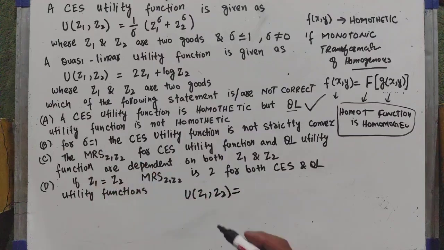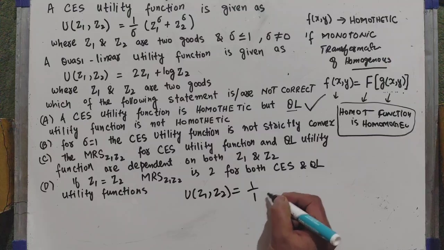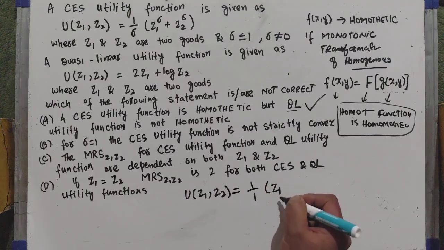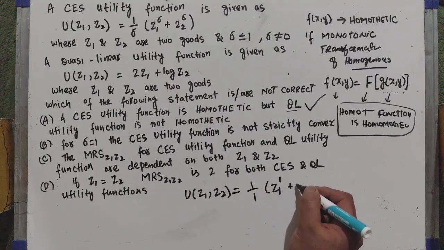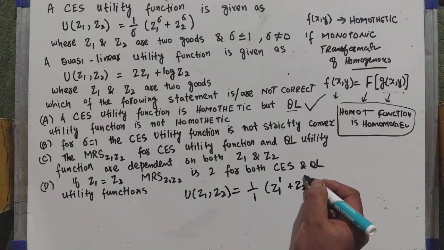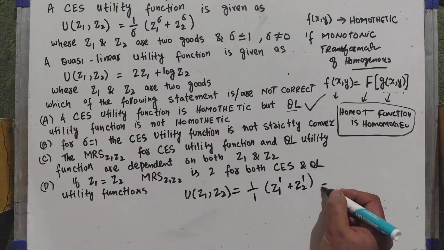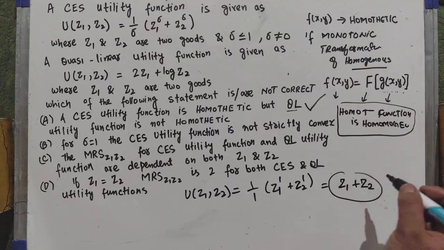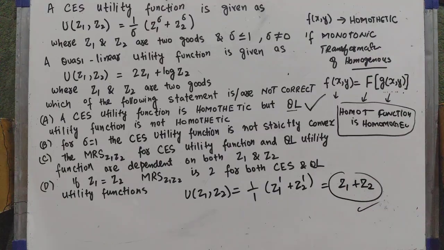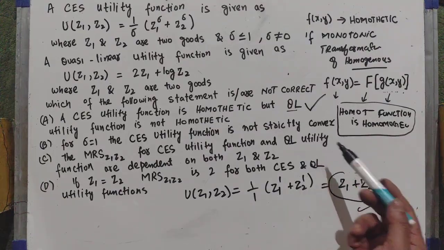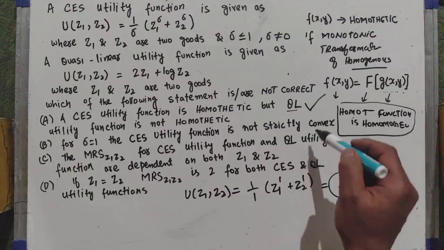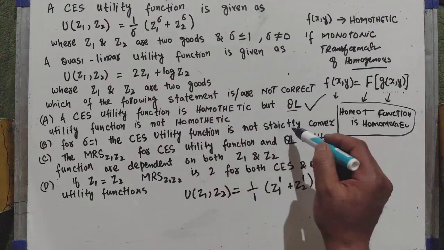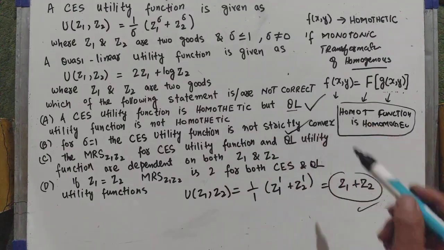If delta is equal to 1, we get 1 upon 1 times z1 raised to power 1 plus z2 raised to power 1, and we get z1 plus z2, which is a linear function here. So it is not strictly convex. This statement is also correct.